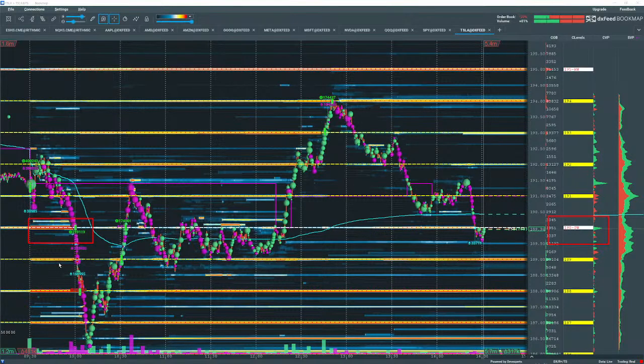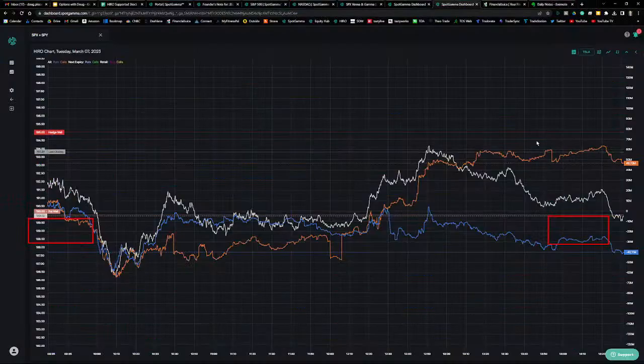With a drop below that put wall, those puts go deeper in the money, and market makers will definitely have to hedge that. Let's go to Equity Hub and take a look at that, and then we'll wrap it up.